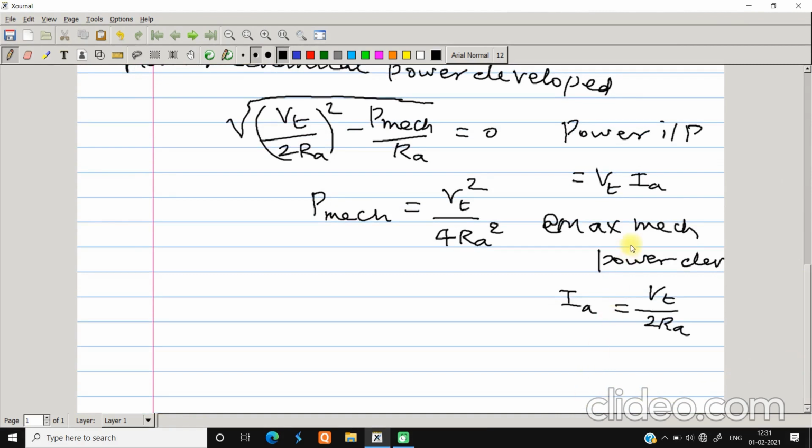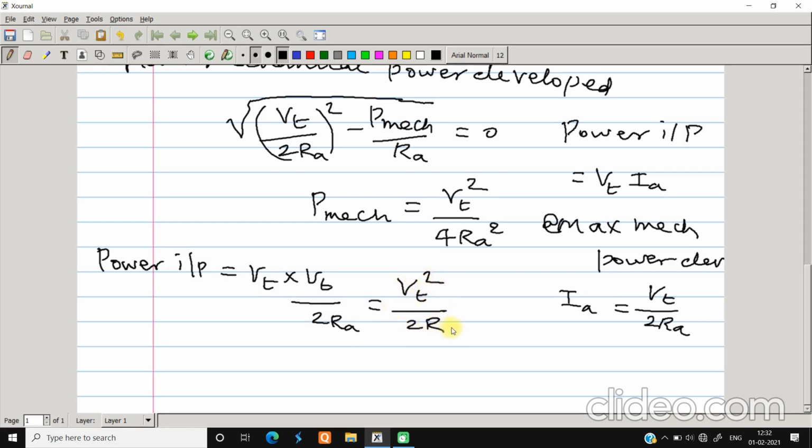So the current at the maximum mechanical power developed will be Ia equal to Vt divided by 2Ra. Since the current is Vt by 2Ra, the power input will be Vt into Ia, so Vt into Vt by 2Ra. So the equation will be Vt square by 2Ra.